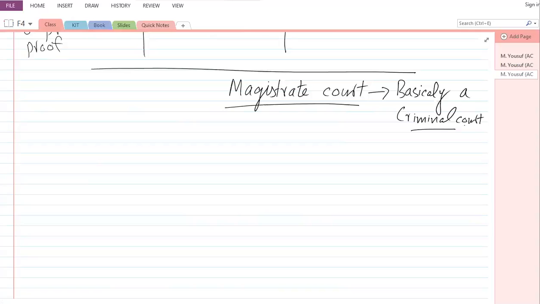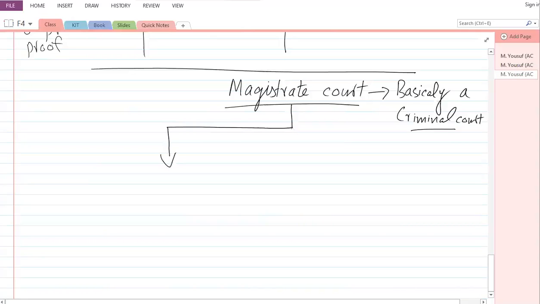So let's start with the structure of the magistrate court, the judges of the magistrate court. The magistrate court is presided over by two types of judges: the district judges and the justices of peace.